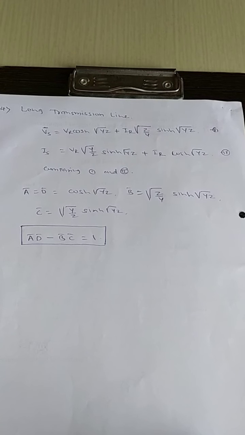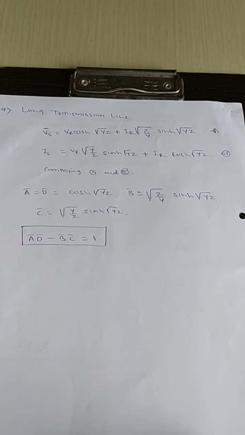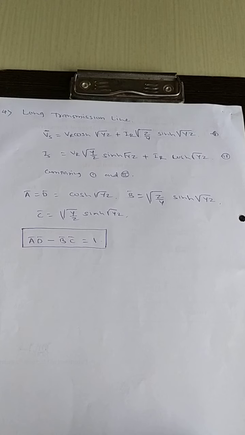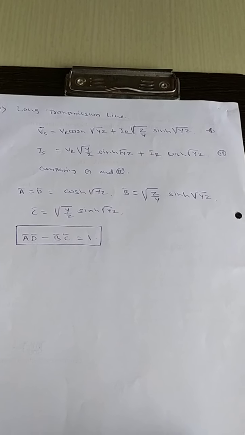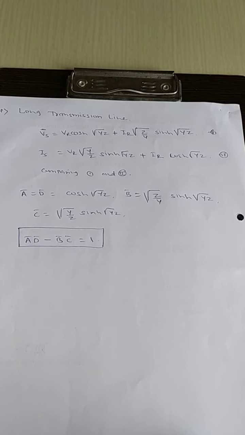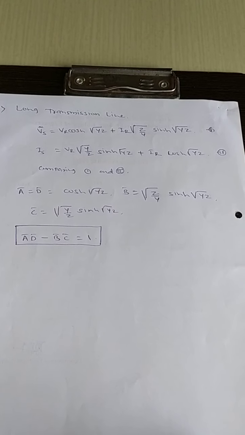By putting the values of A, D, B, C into the equation, we obtain A into D minus B into C is equal to 1.